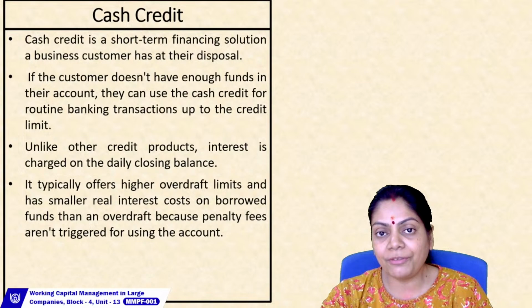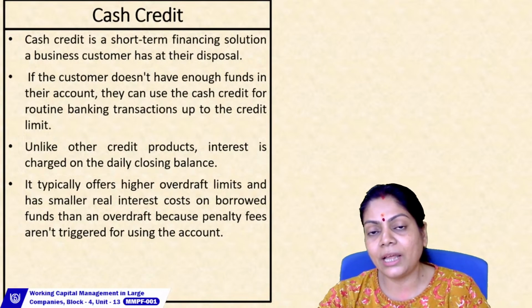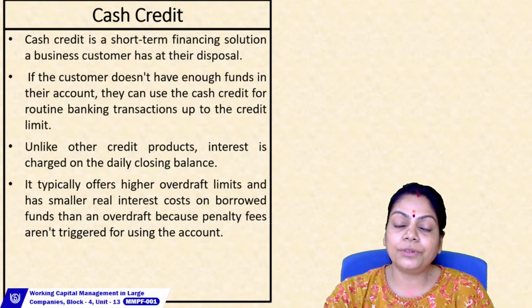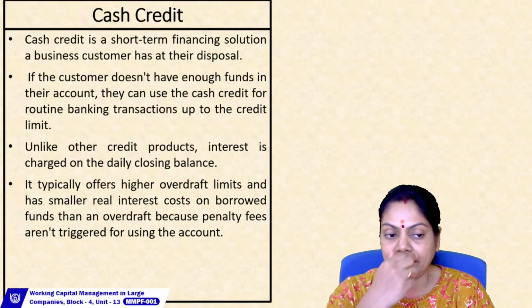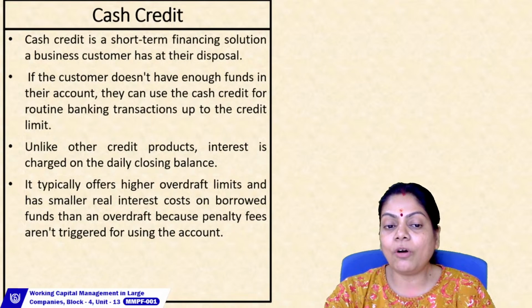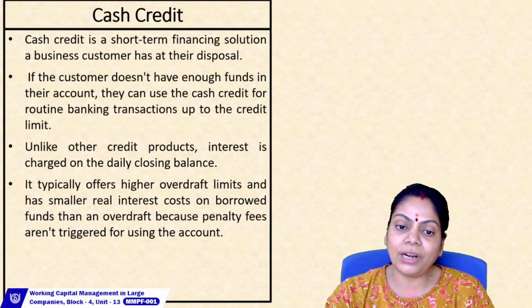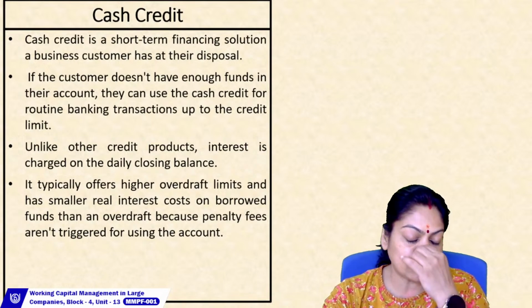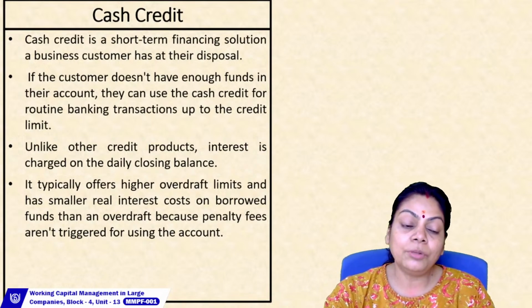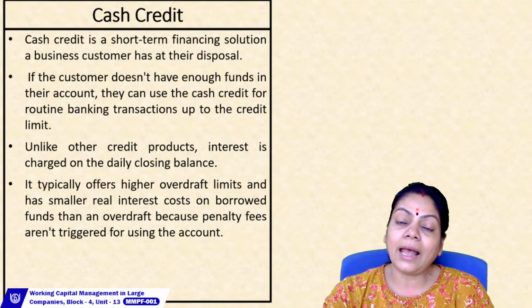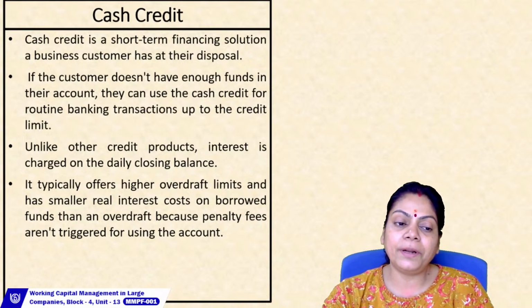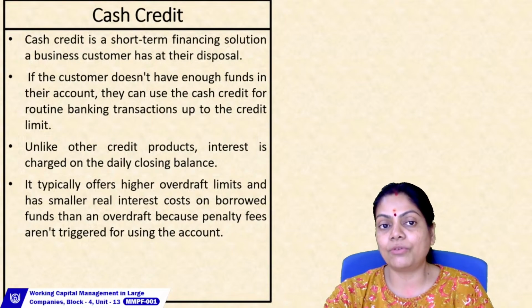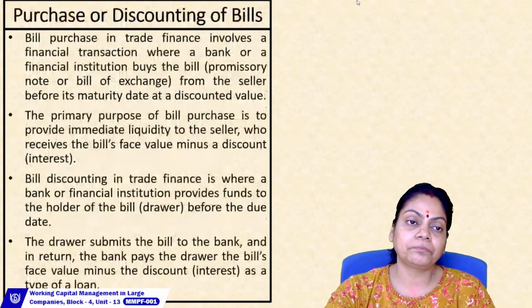In case of overdraft, the entire margin is charged, whereas in cash credit it is only charged for the daily closing balance. So it typically offers you a higher limit, and in a real sense it will have a smaller interest cost on the borrowed fund as compared to your overdraft, because the penalty fees are not triggered for using this particular account.